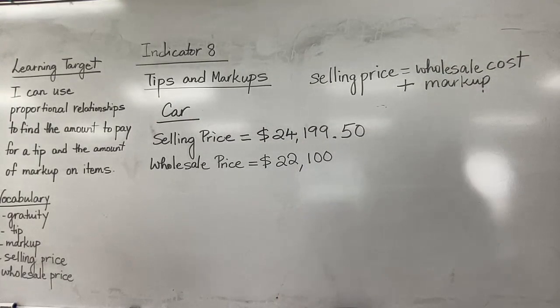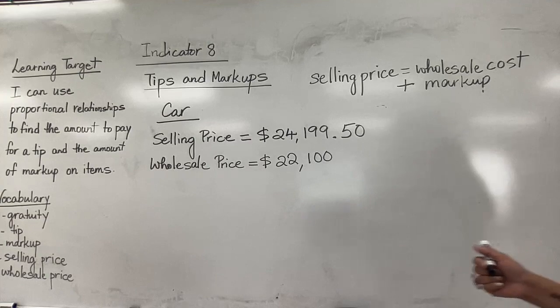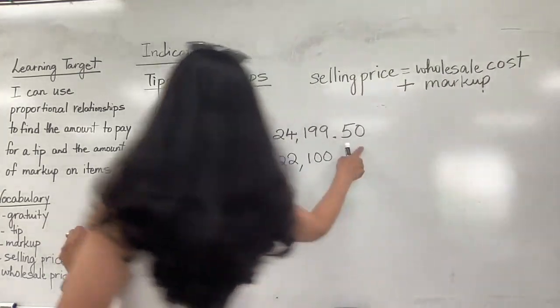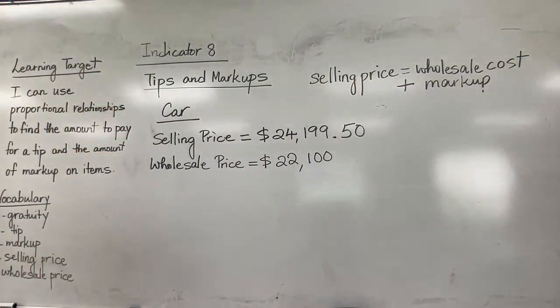So what is the percent of markup? Let's just do basically how we did our percent of increase. We can definitely use that formula, but we can look at the part and the whole. We have the selling price, and we have the original price that it was.